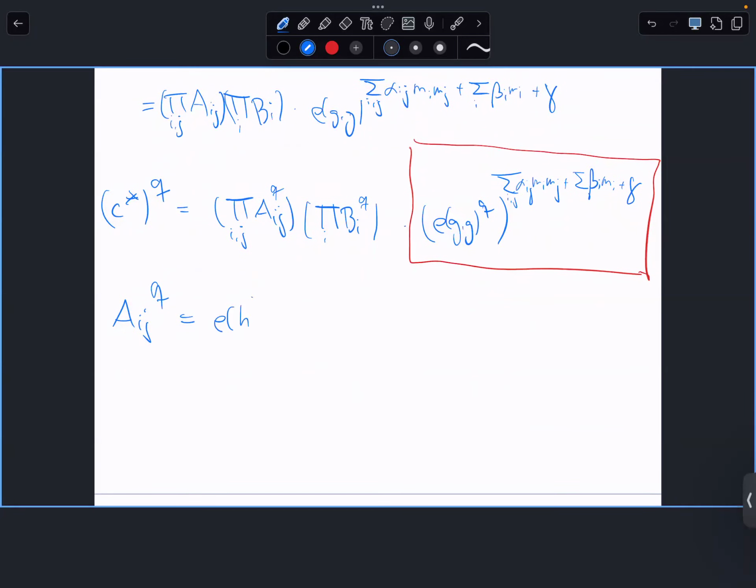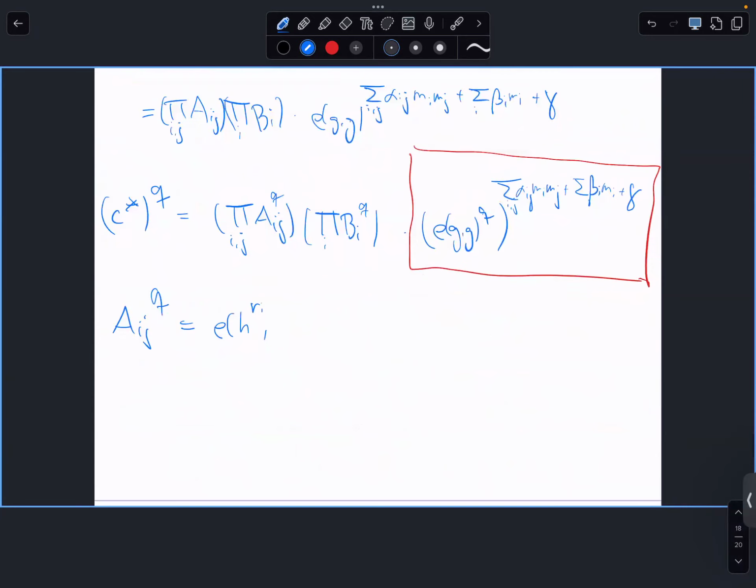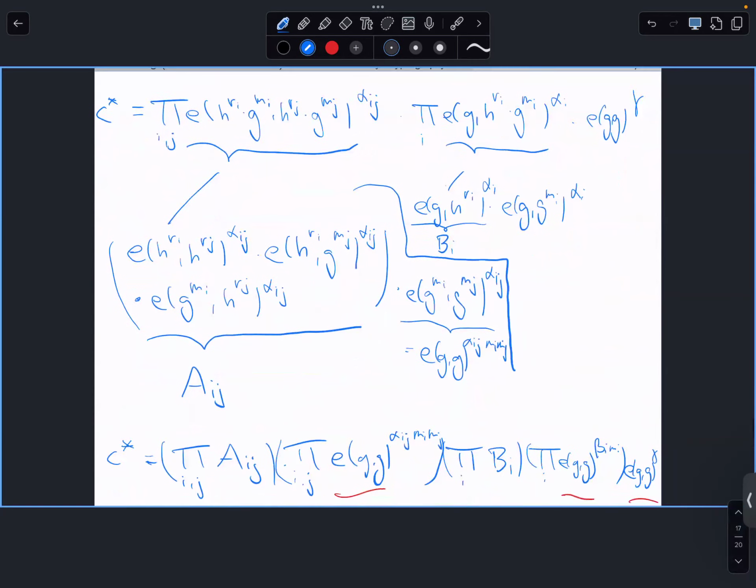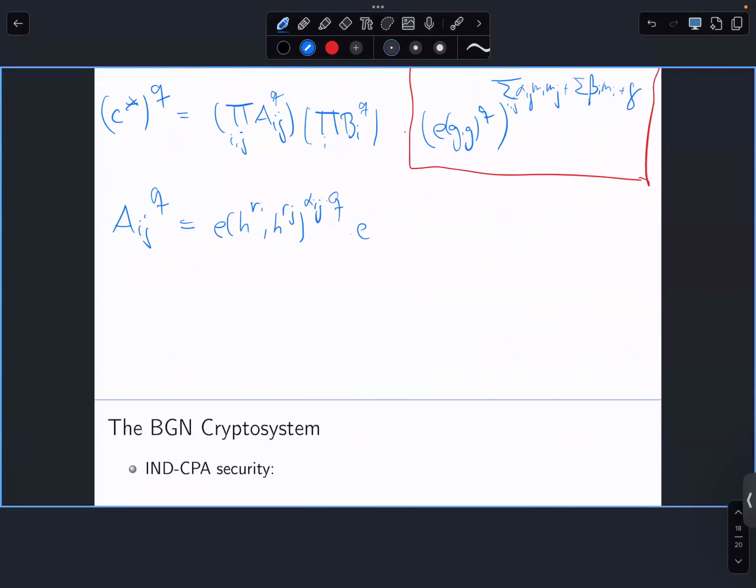It's E(H to the Ri, H to the Rj) to the alpha Ij, and now times Q, already pulling in the Q here, times E(H to the Ri, G to the Mj) to the alpha Ij times Q, times E(G to the Mi, H to the Rj) to the alpha Ij times Q. That's it. And now I'm just pulling in the Q.